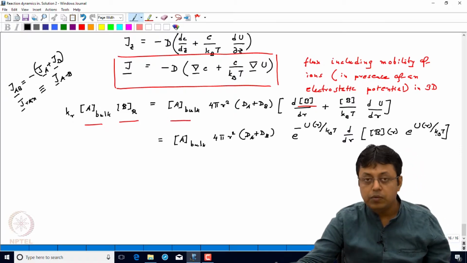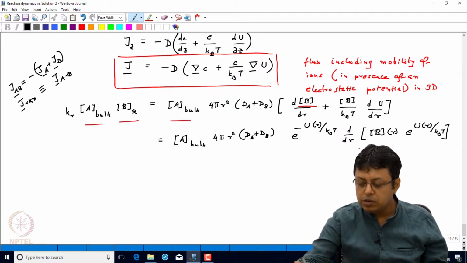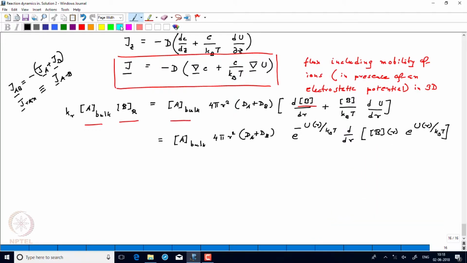You can easily check it. If I take this derivative, I get the first derivative as dB dr times e to the power u by kBT, plus I keep the first function B constant, and then the derivative of the second function, which is basically 1 over kBT.